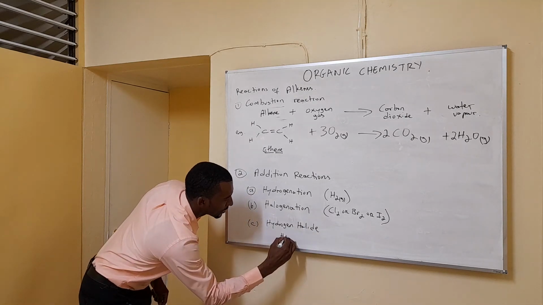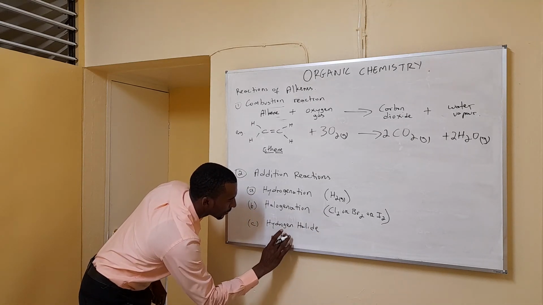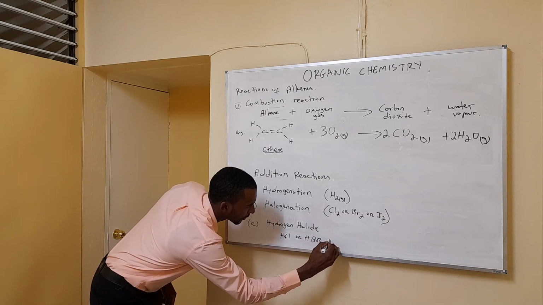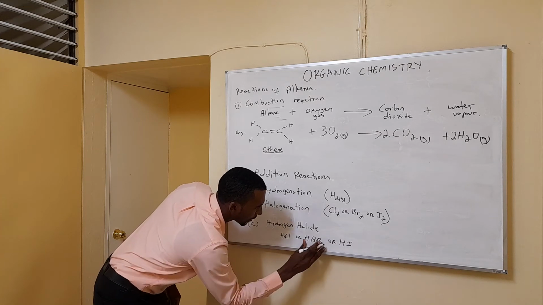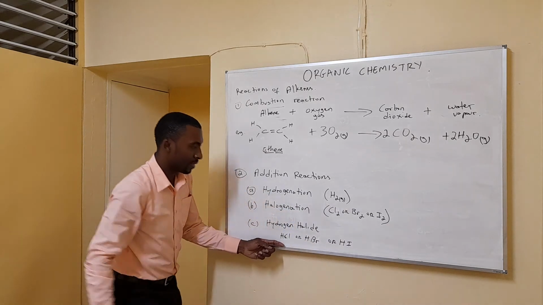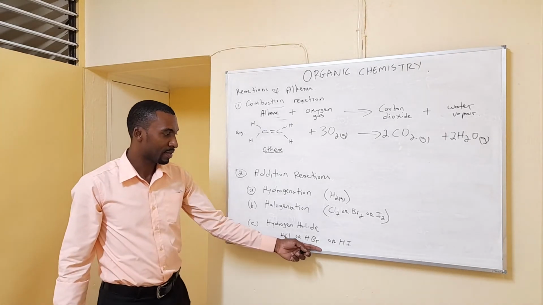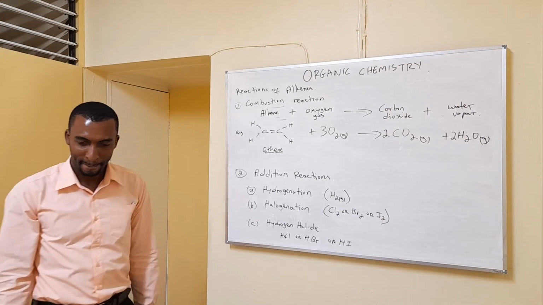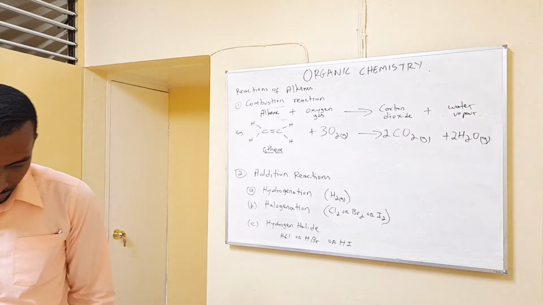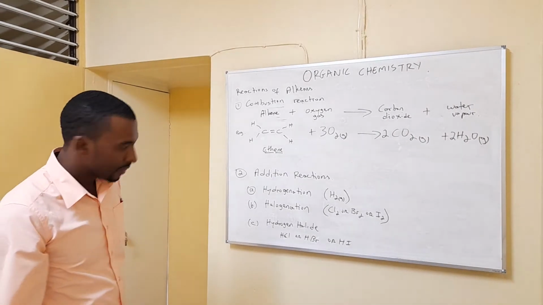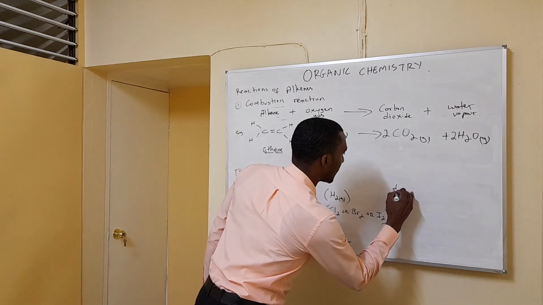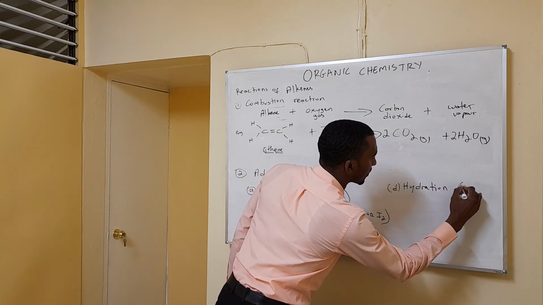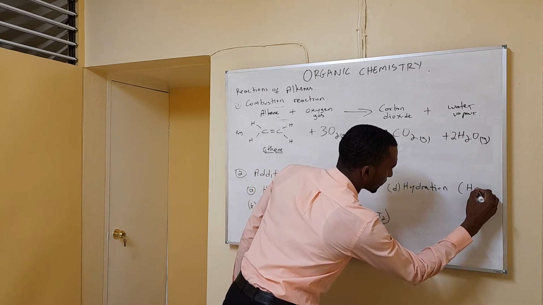So we have HCl, or HBr, or HI. So either hydrogen chloride gas, hydrogen bromide gas, or hydrogen iodide gas can be added across the double bond. Then we have D, which is hydration. That's basically adding water.